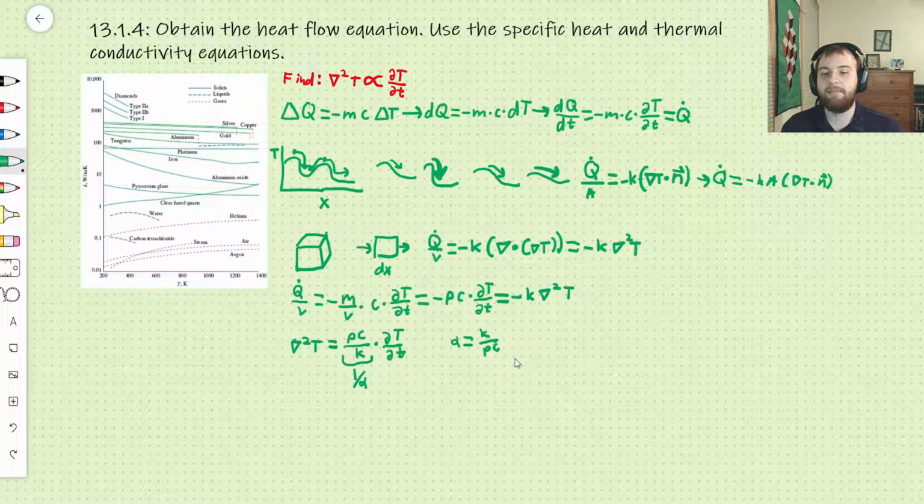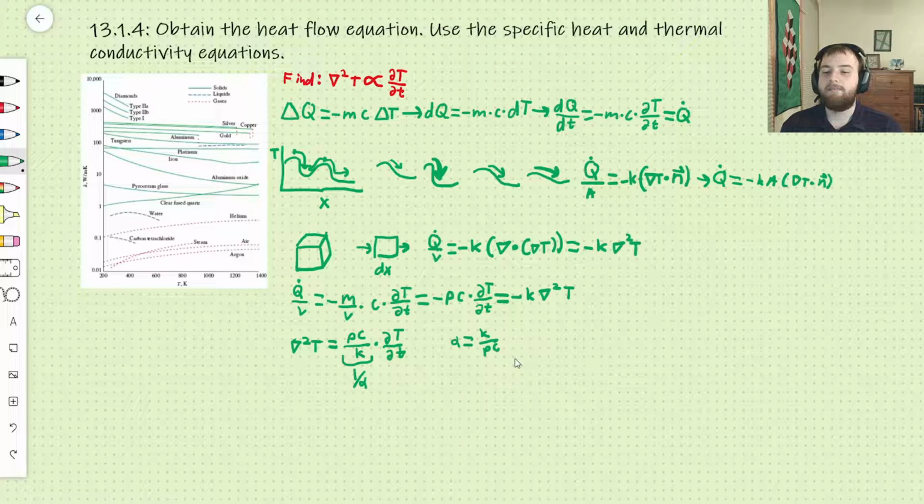It's highest in metals and lowest in nonmetals and organic materials and such. And it's a measure of how fast temperature diffuses, how fast the temperature goes away as far in distance and all that.